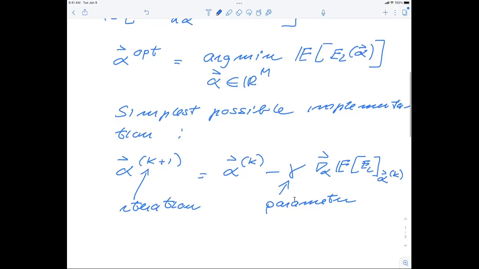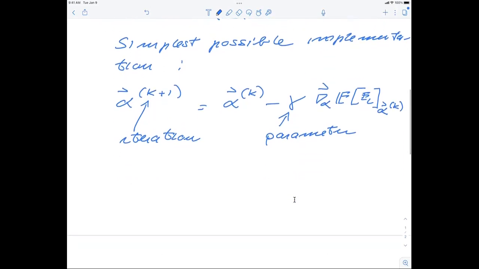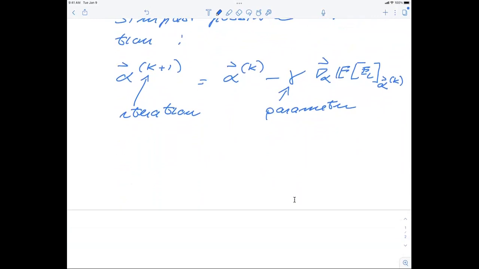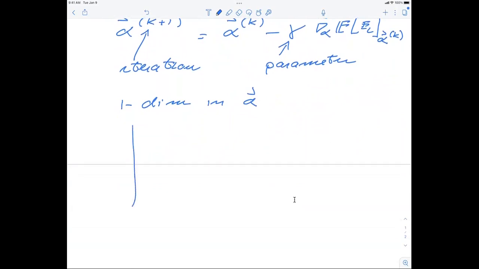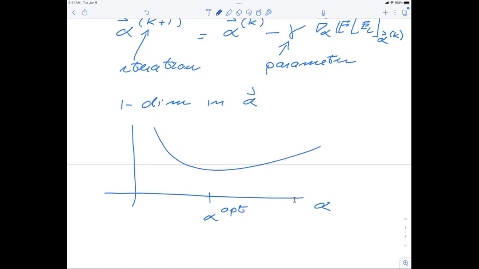If we now look at a plot of this, and we reduce the problem to one dimension in alpha, so we have only one parameter alpha, we will get something like this. We have alpha here, we have the optimal alpha, this is the value we want to find.